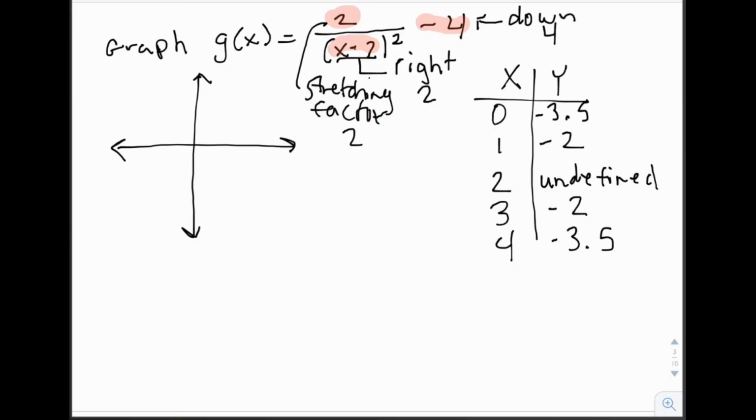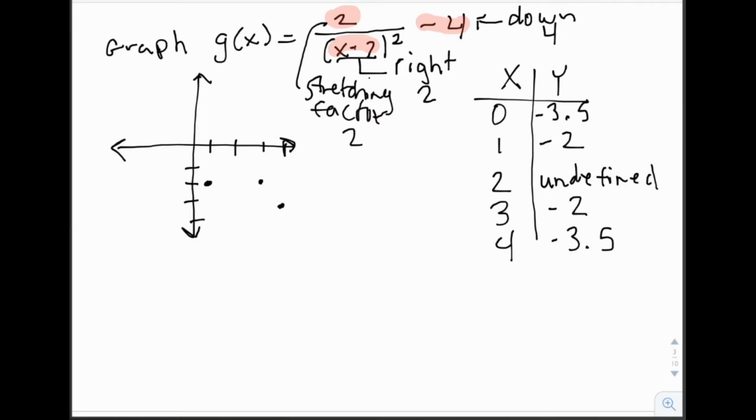So if we proceed to plot this, let's see what it will look like. We'll have a 1 and then -2, so a point right here. And we have a point at 3, -2. Additional points at 4 and then -3.5, approximately right there.